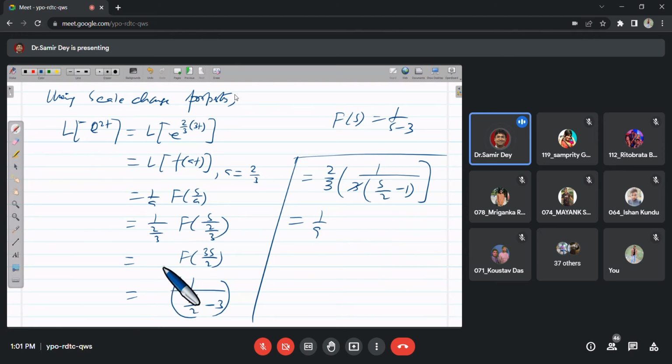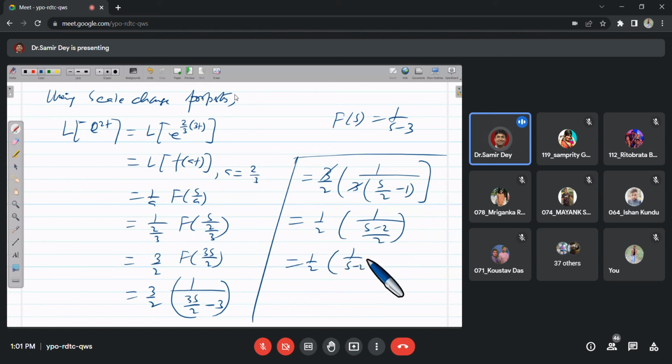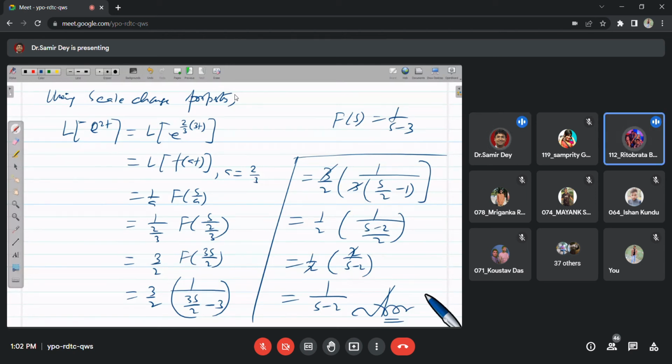So here it should be 3 by 2. Correct. 3, 3 cancel. It is coming 1 by 2, and if you take LCM, that is s minus 2 by 2. 2 into 2 cancel. Ultimately, it is coming 1 by s minus 2. That's all. Very good. So, scale change property is complete. Yes, sir. Okay.